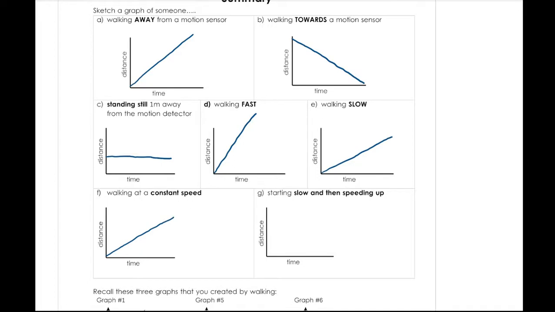But the key thing is constant speed, which we're going to indicate more clearly as a straight line. And for G, if they're starting slow and then speeding up, we have seen that. That's that acceleration that we talked about. Anytime we have acceleration or deceleration, we have a curved line. A curved line curving up means accelerating. If it was curving down, it would be decelerating.